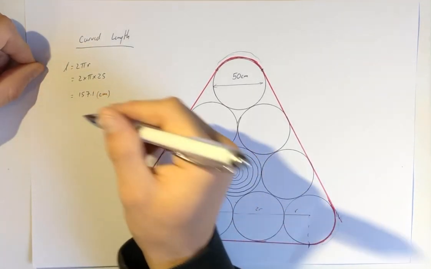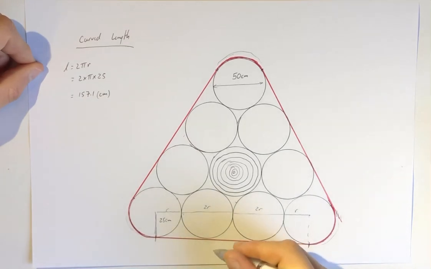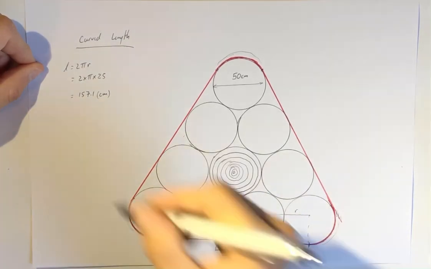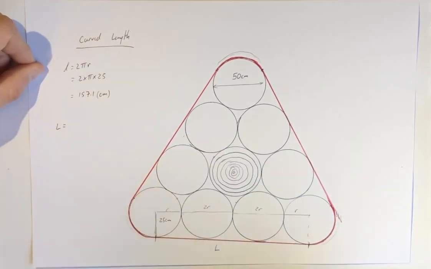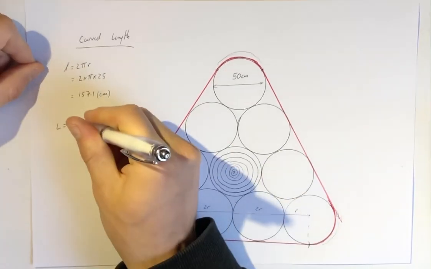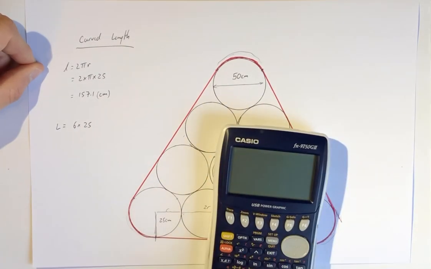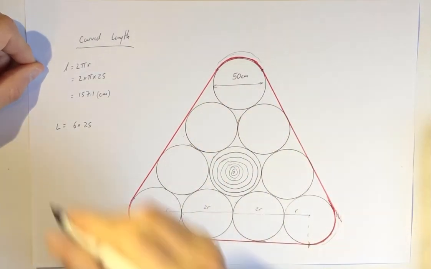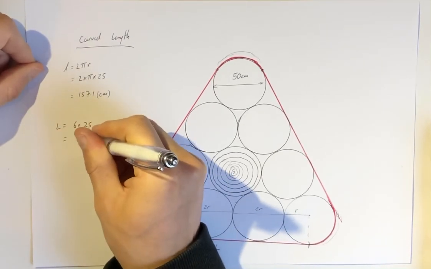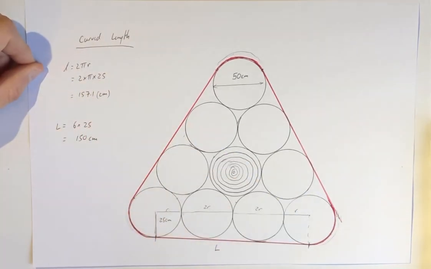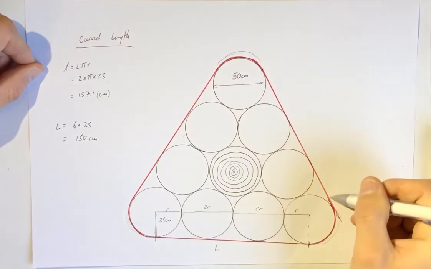These are longer, so I'll call them big L again. So big L is actually 6 times the radius 25. 6 times 25, 150. Should have known that off the top of my head actually. 150 centimeters. And now there's 3 of them.